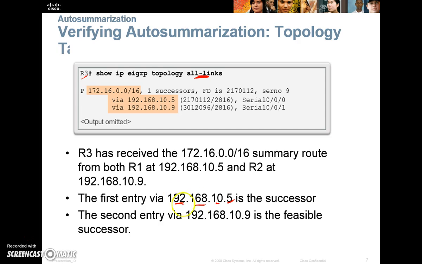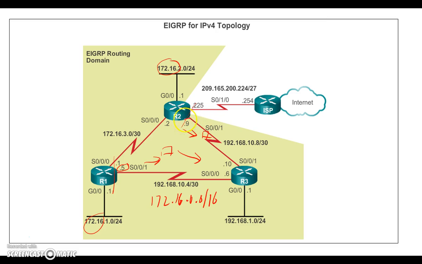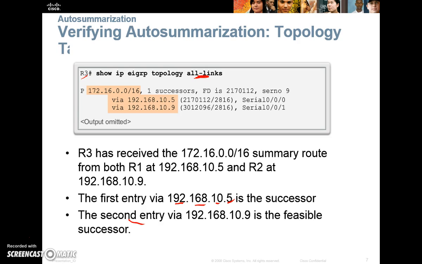The second entry will be the feasible successor, which is 192.168.10.9. So R1 is the successor, and R2 is the feasible successor for this network in the R3 routing table.